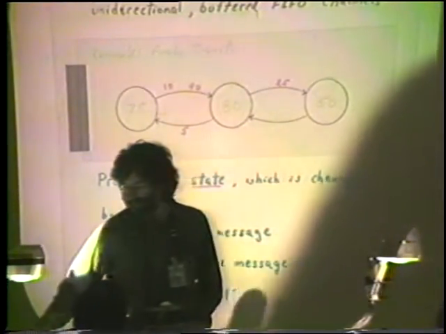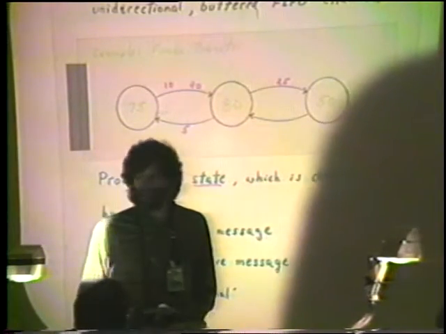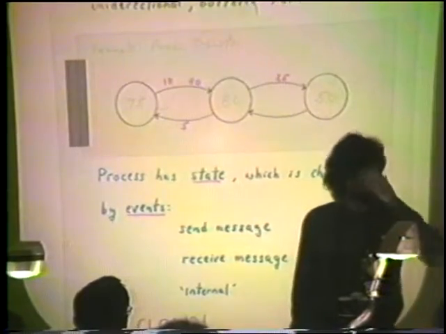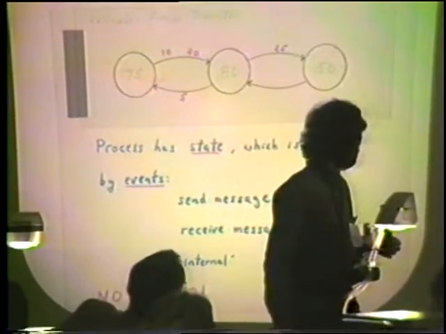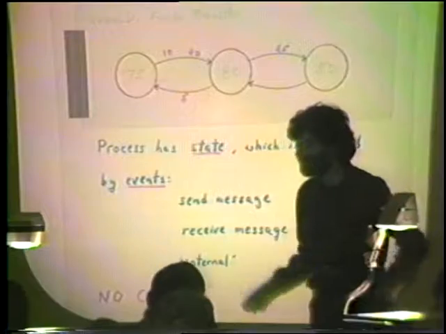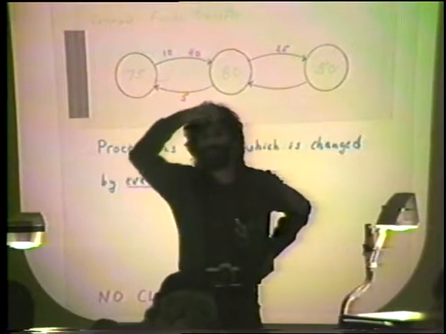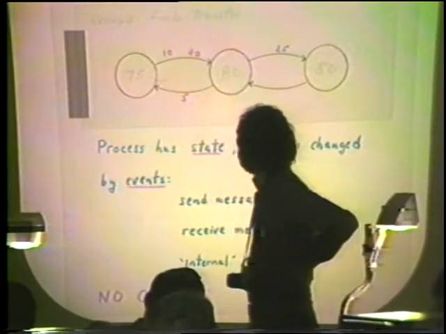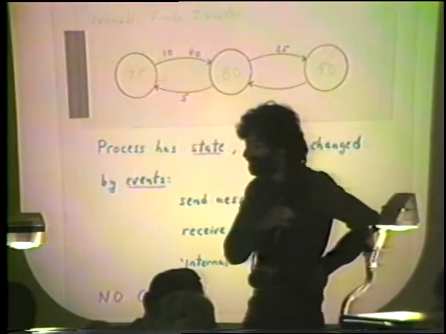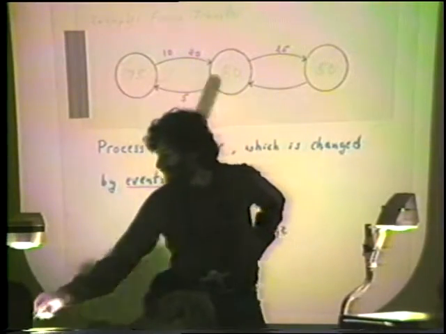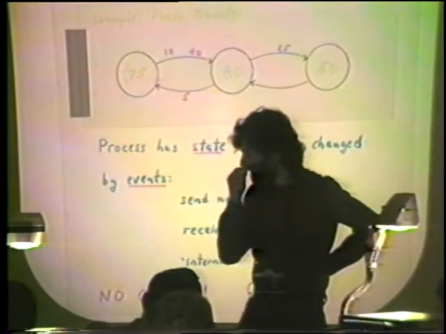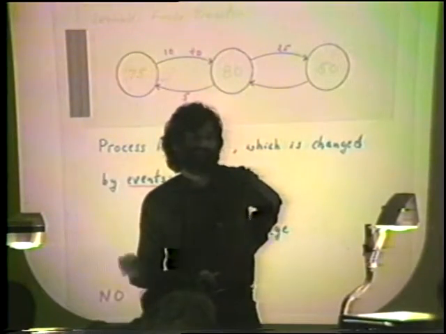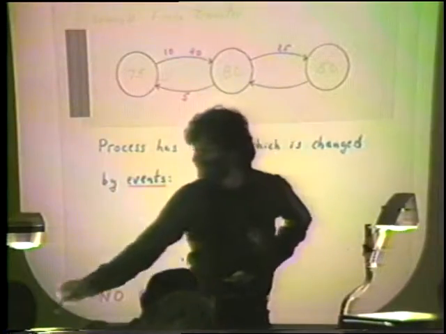There are 3 kinds of events: send message, receive message, and so-called internal events that consist of the process simply doing something without any message being involved. The example I'll use is a funds transfer system, where there are 3 processes. Each process represents a branch of a bank, and the state consists of the amount of money in each branch.